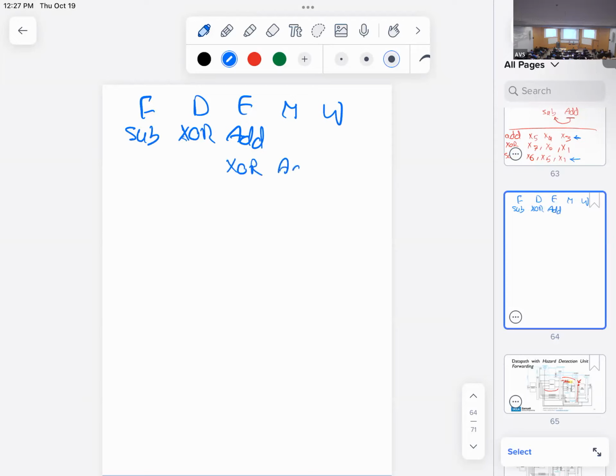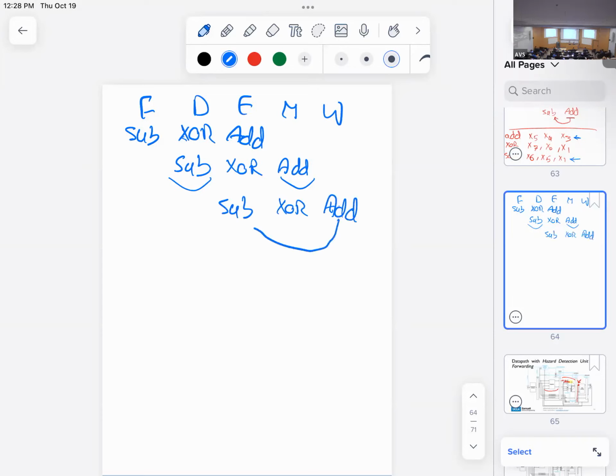So XOR goes here, add goes here, and then the sub goes here, right? And this again, we're going to check the condition, but this is the second condition. This is the condition between the RD of mem and the RS of sub, and okay, now I see a connection. So in the next cycle, the sub goes here, XOR goes here, and add goes to the write back.